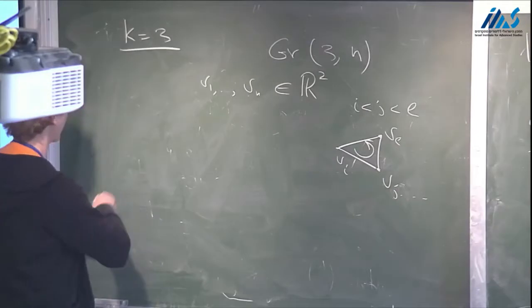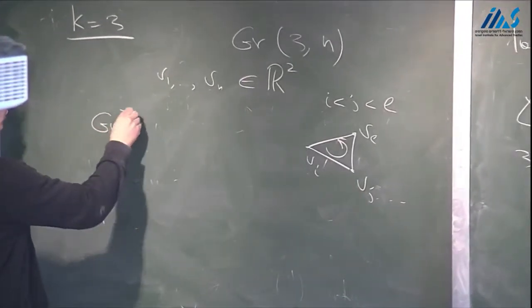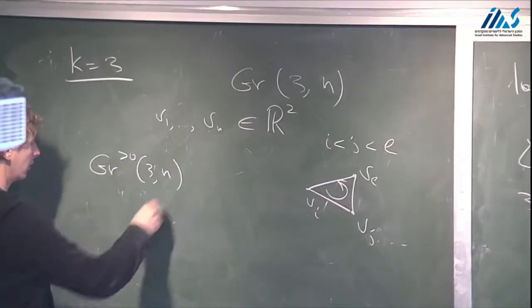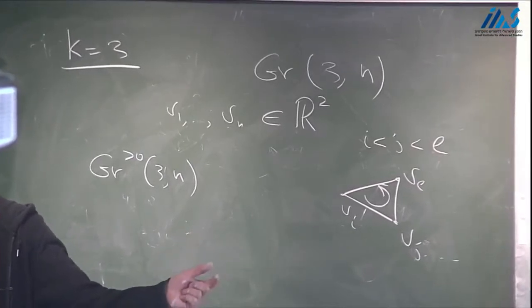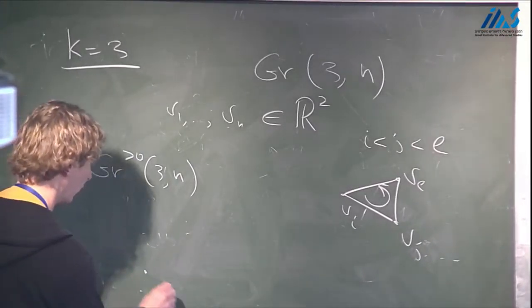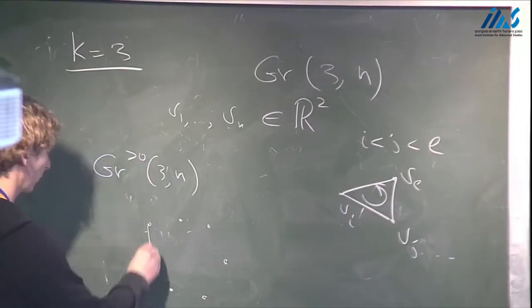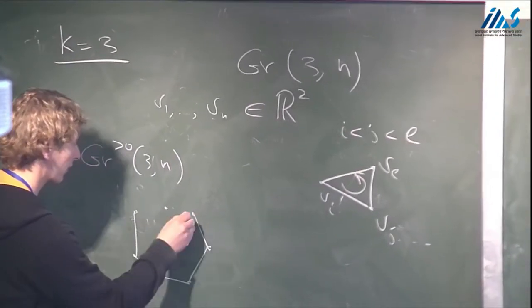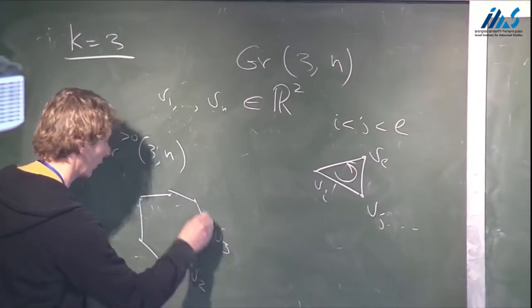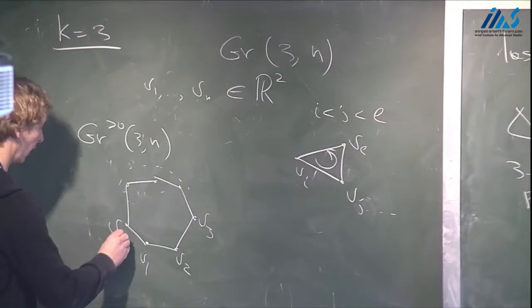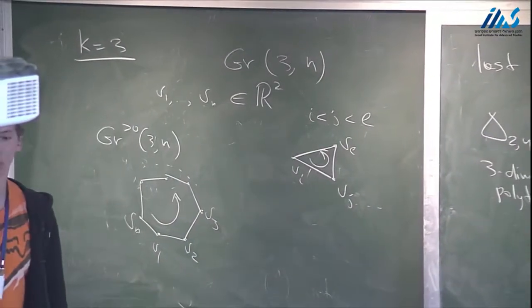It means that if you have a bunch of points in the positive Grassmannian Gr(3,n), all of them form vertices of a convex n-gon. So you have n vertices that form a convex n-gon: v1, v2, v3, ..., vn, with the vertices ordered in counterclockwise order.